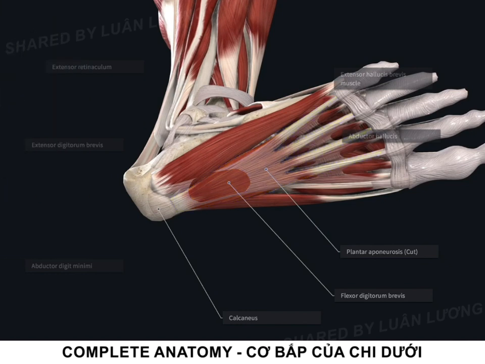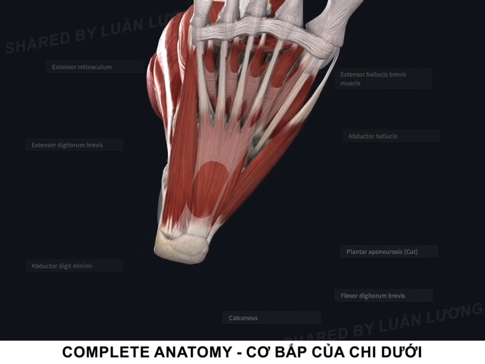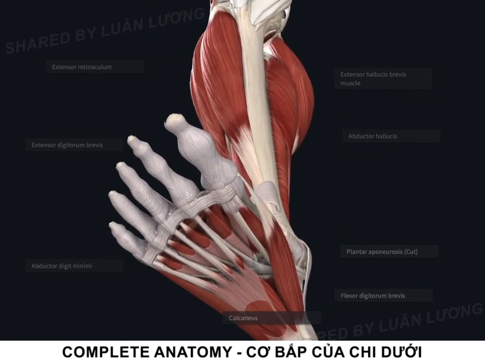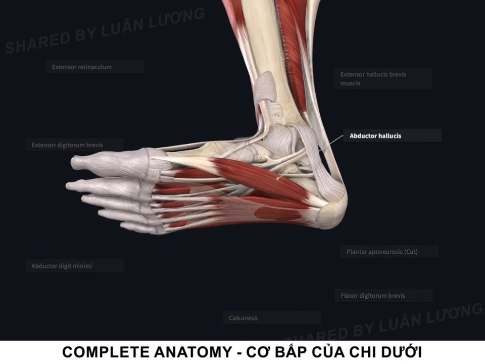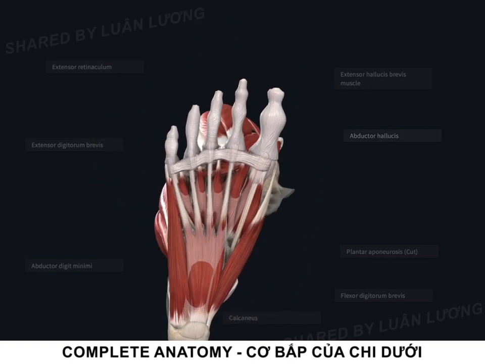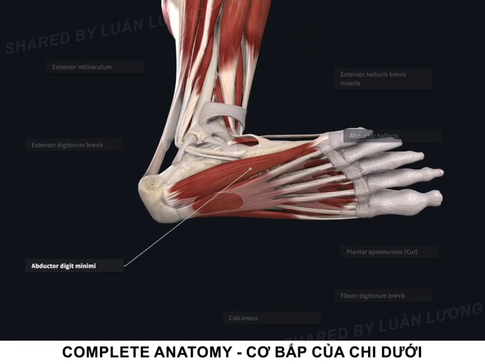Now, to either side of the flexor digitorum brevis, we're going to see 2 muscles that help pull my toes out away from the midline. There's going to be, on the medial side of the foot, an abductor hallucis, and on the lateral side of my foot, an abductor digiti minimi.